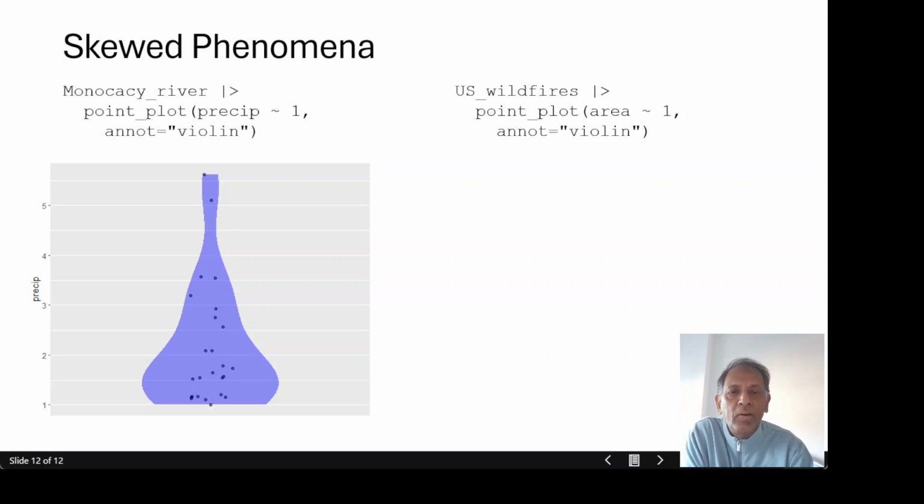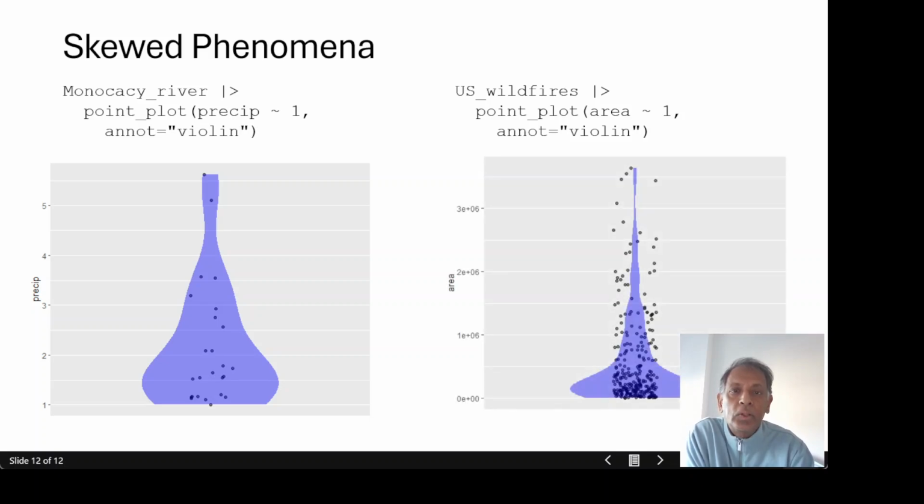Once again, we are looking at another data set called US wildfires, and we are looking at the area that wildfires burn up. This is particularly topical with the fires in LA. Once again, that's a skewed distribution. Most of the time, the area burnt up is small, but occasionally fires go crazy and a tremendous amount of destruction happens.